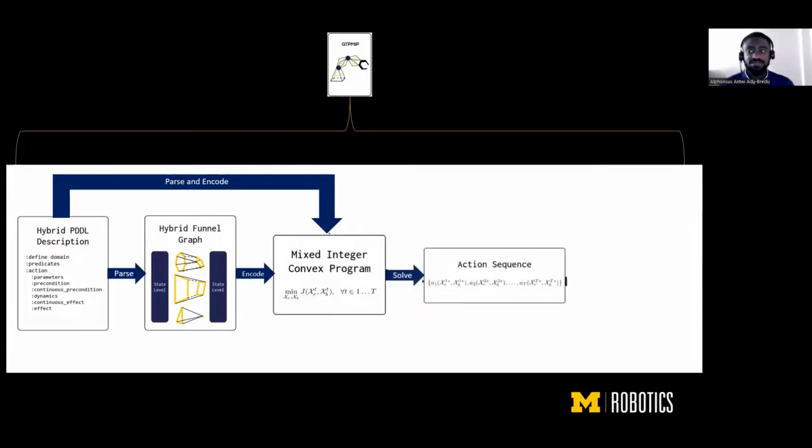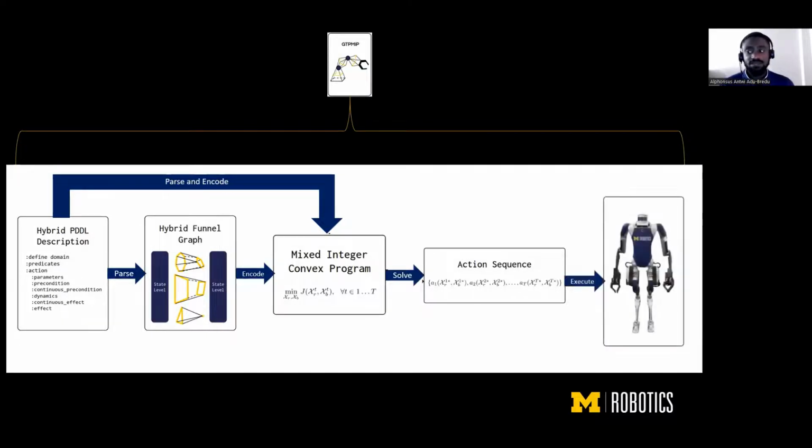The mixed integer convex program is solved to output a grounded task plan made up of a sequence of actions, each associated with optimal parameters. The grounded task plan is then executed by the robot to accomplish the given task.